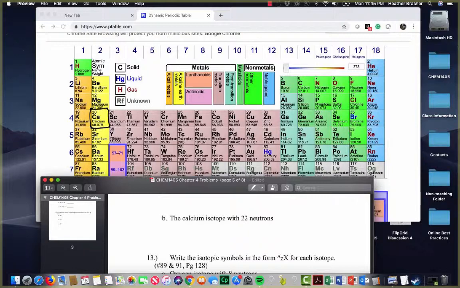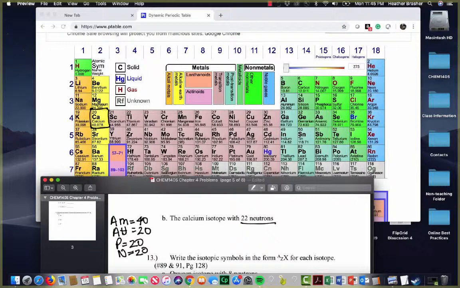We have the atomic mass, which is 40, and the atomic number, which is 20. So the protons we have are 20, and the neutrons we have are 20. And basically, it says we have the calcium isotope with 22 neutrons.